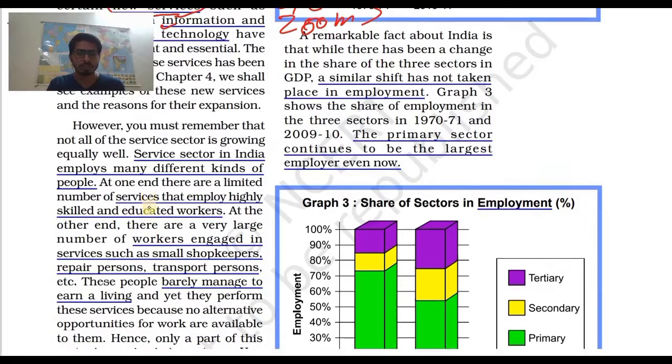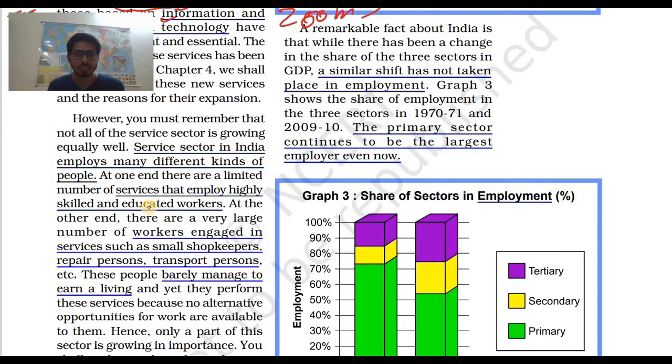However, you must remember that the service sector in India employs many different kinds of people. So different kinds of jobs are there in service sector. You can divide into two. Service sector that employs high skilled laborers, which are educated, and low skilled laborers.